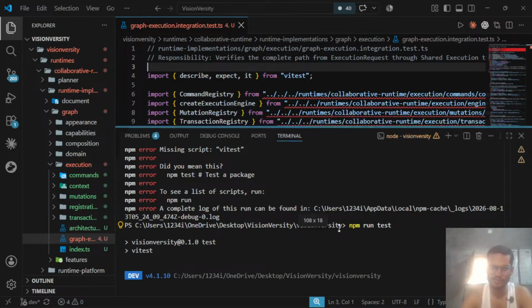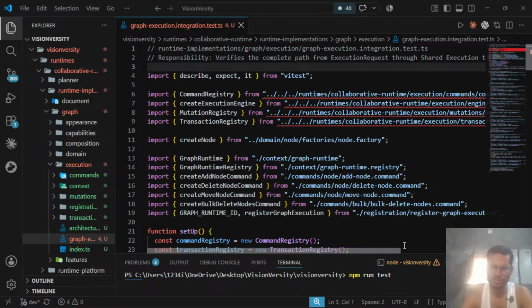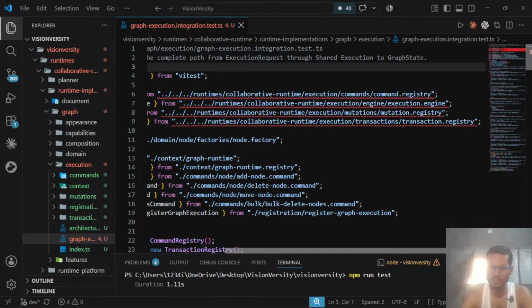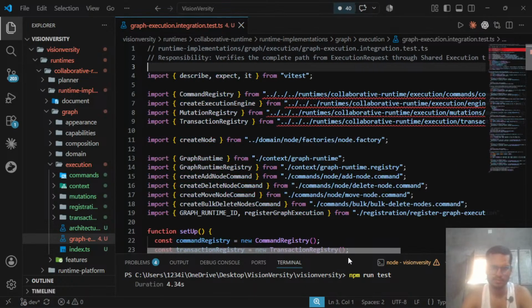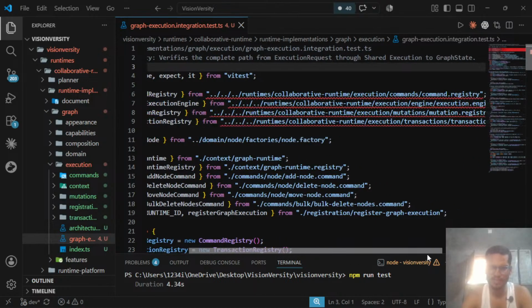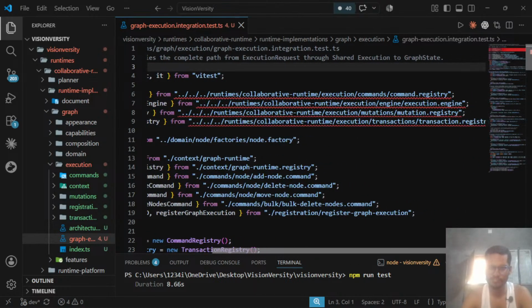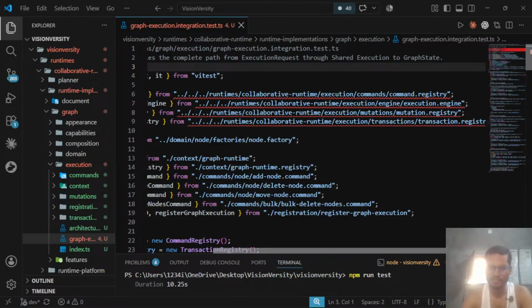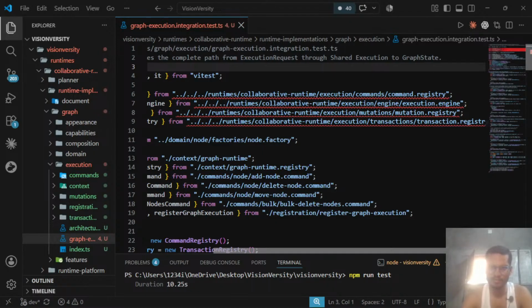There is an import, command registry. So we have runtime. Okay, command registry.